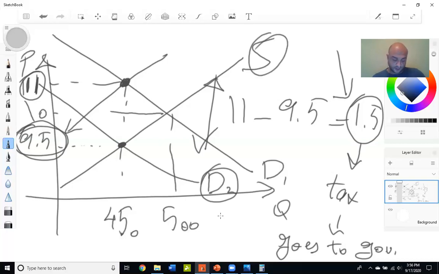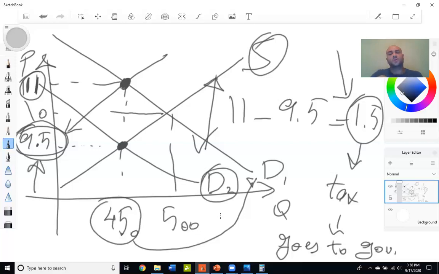When you have this number, you put this number into your first demand curve to find out how much I'm willing to pay for these many pizzas. That's 11. 11 is the number I'm paying. Or you could just, when you find this number, 9.5 intersection, add the tax here.